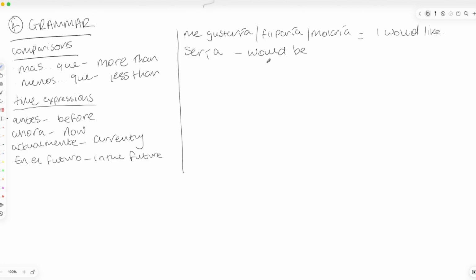That's nice. You can also double up on them. So for example, you could say en el futuro me gustaría, in the future I would like to. So they slot together. Quería, you'll notice how for the future ones, they actually end in ía.